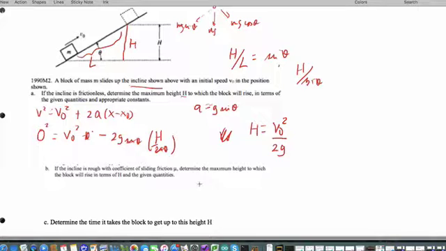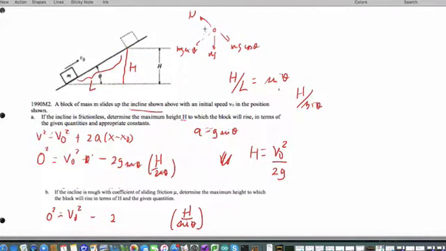Now, let's assume that we had a coefficient of friction and that things were rough. So a similar equation: 0 squared equals v naught squared minus 2 times the acceleration, which we're getting in a second. This is still h over sine theta here. But now let's take a look at what our acceleration will be. If we've got friction acting this way, fighting the upward motion, we're going to have mu mg cos theta plus mg sine theta as the force dragging the block down.